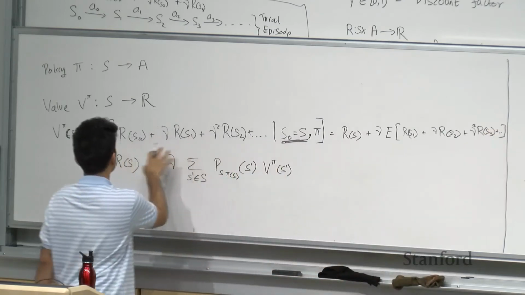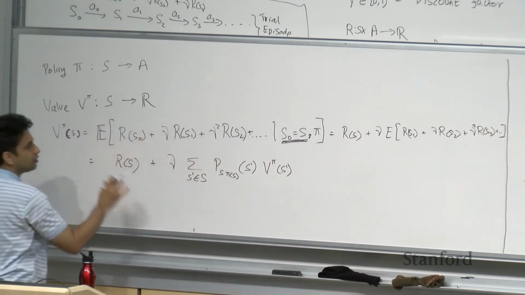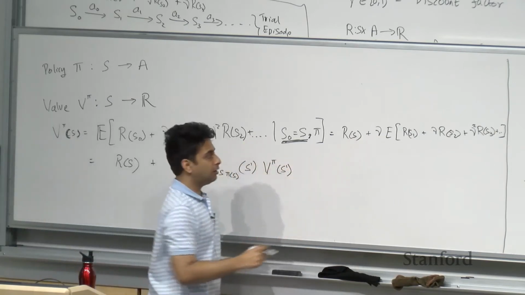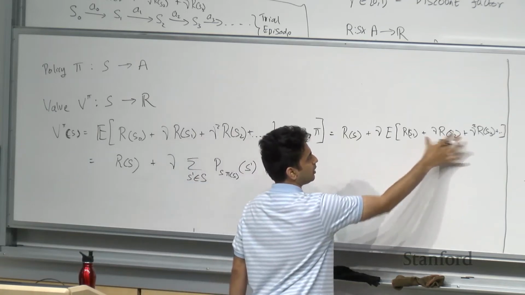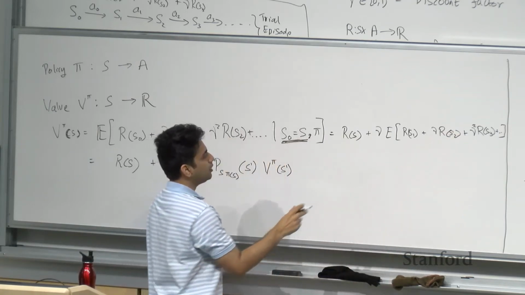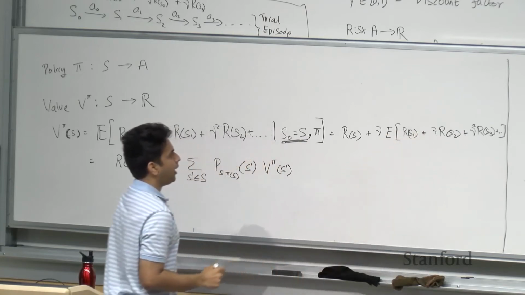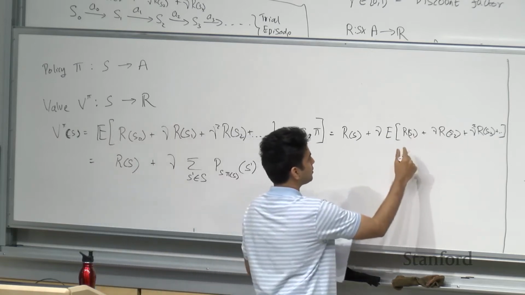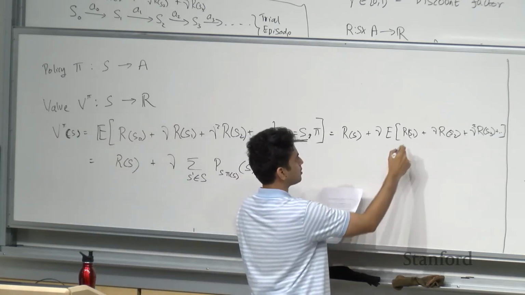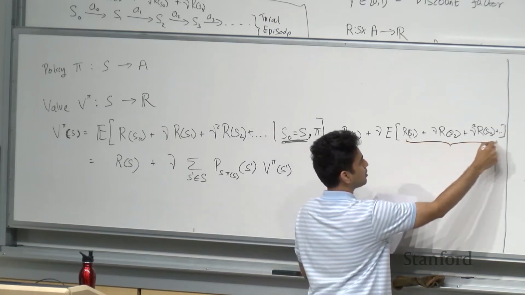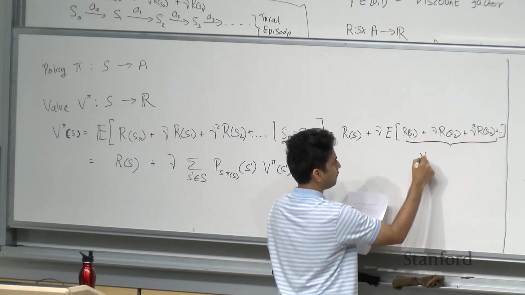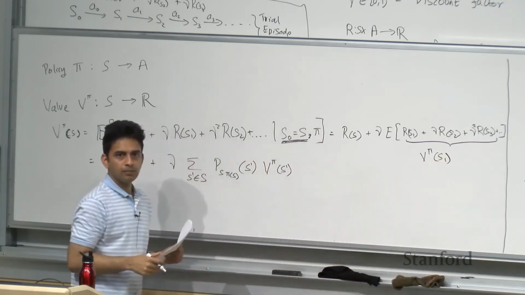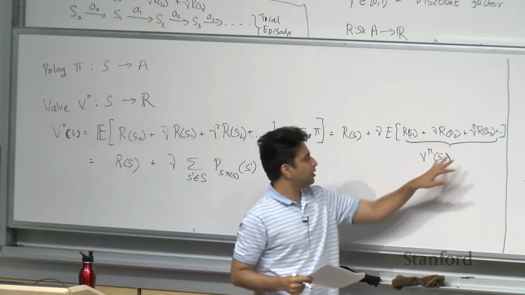Because R of S was not random, we took it out, and all of the other terms have a gamma, so we take the gamma factor out, and what we end up with is the expectation over all of these. And again we recognize that this whole thing over here is just V pi of S1.